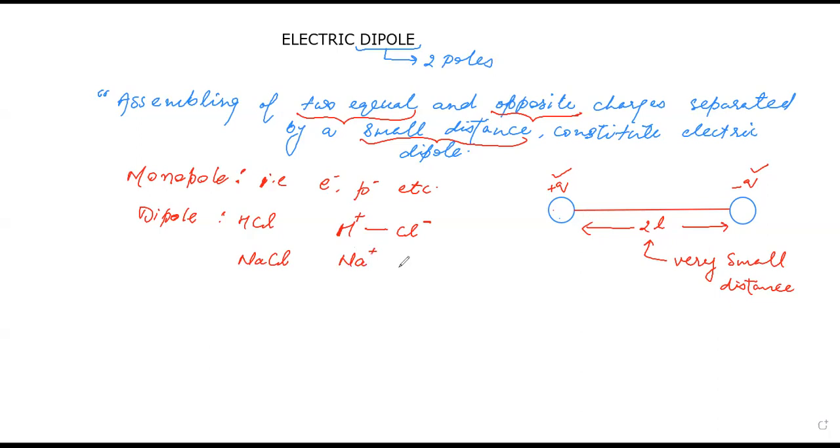In this, Na is plus and chlorine is minus. These also form dipoles. The third example of a dipole is a magnet. A magnet has two poles, north and south. Are you clear or not? So please note it down.